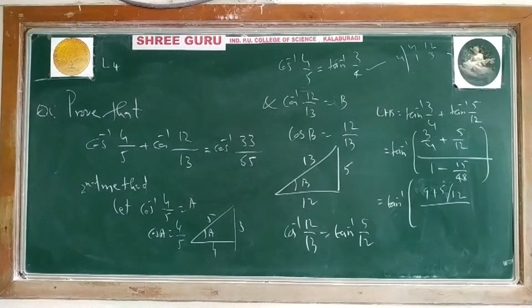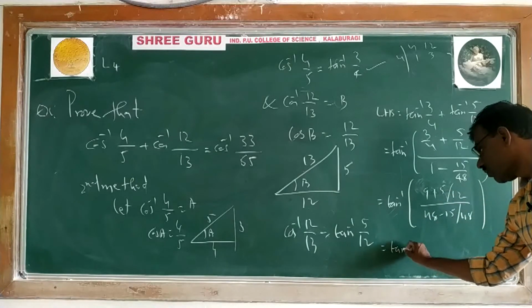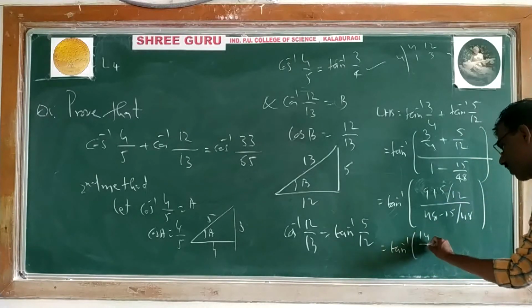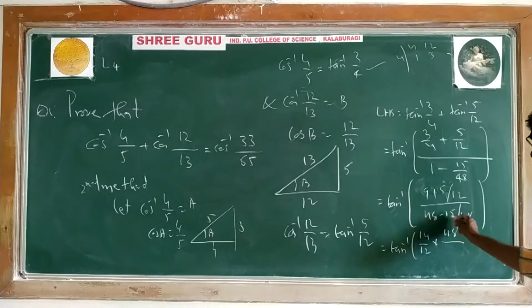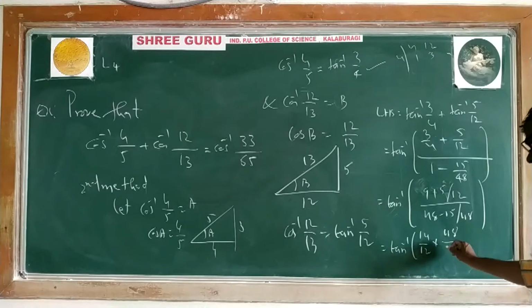What is the property? x plus y by 1 minus xy. Numerator 9 plus 5 over 12, denominator 48 minus 15 by 48, equal to tan inverse of 14 by 12 into 48 by 33.